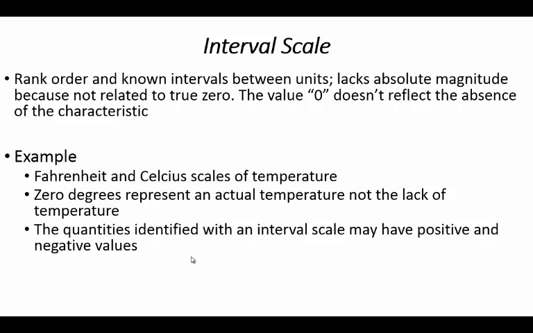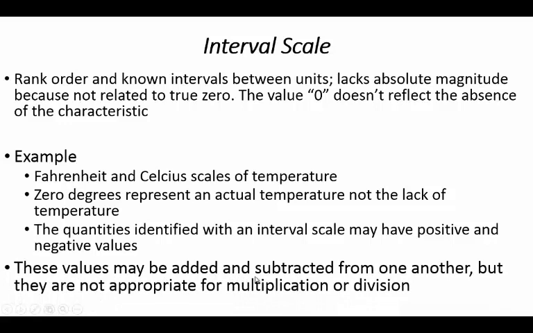So the quantities identified with an interval scale may have positive or negative values, and these values may be added and subtracted. So I can add temperatures, I can subtract temperatures, but I cannot multiply or divide temperatures. Remember, in the nominal scales I can add and I can get a percentage of numbers. In here I can add and subtract, but I cannot multiply or divide temperatures.